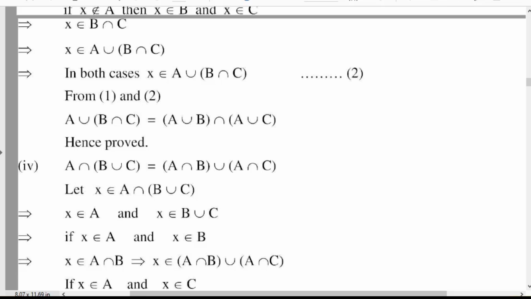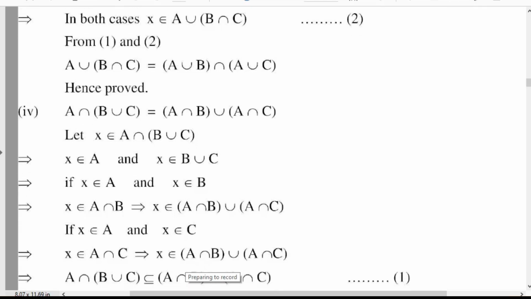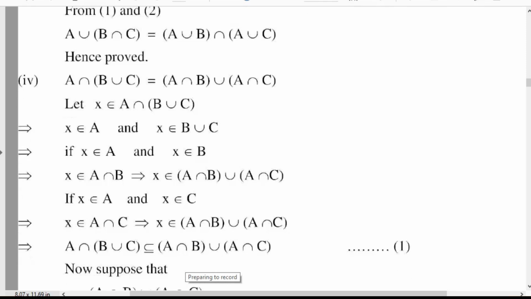So if x belongs to A and x belongs to C, then x belongs to A ∩ C, implies that x belongs to (A ∩ B) ∪ (A ∩ C), implies that A ∩ (B ∪ C) is a subset of (A ∩ B) ∪ (A ∩ C). That is equation number 1.